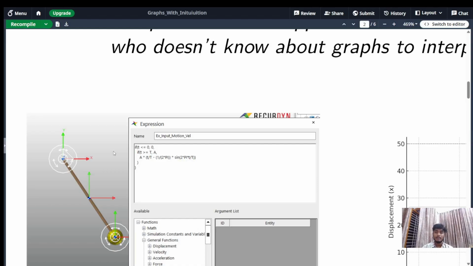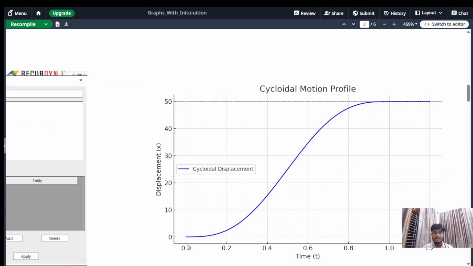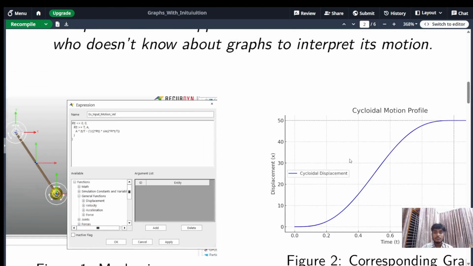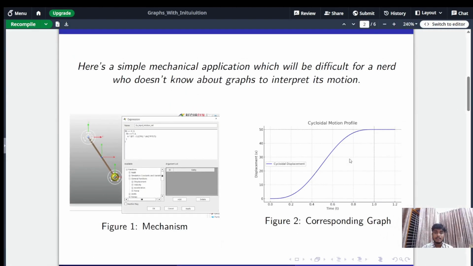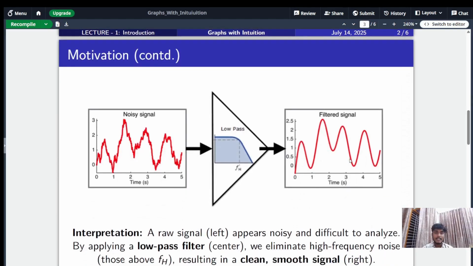Like if you see the graph here, you can see it increases, and at some point of time it becomes almost constant. So there are too many cases where you have to understand how to represent a graph visually.